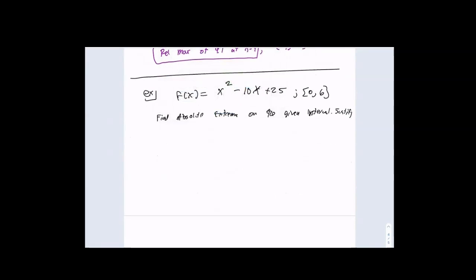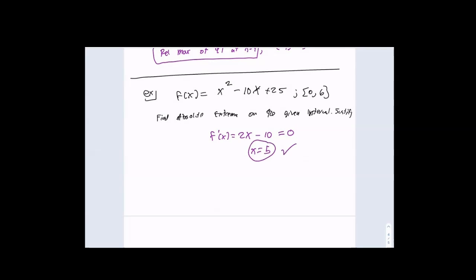All right, we find a derivative. What's my derivative? F prime of x is 2x minus 10. And I'm going to do what? What's this do? Good, that gives me x equals positive 5.